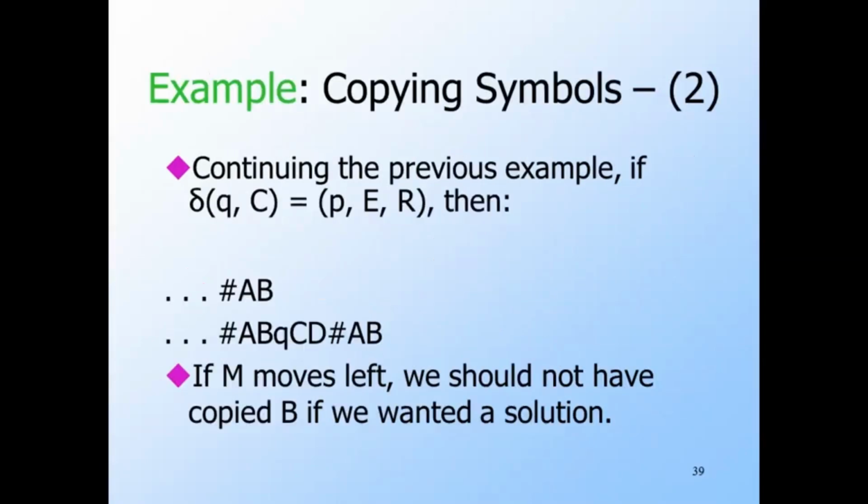Following a previous example, suppose that in state Q, scanning C, M does indeed move right, going to state P and writing E in place of C. Had M moved left in that situation, the sequence of pair choices would be dead in the water, unable to continue.